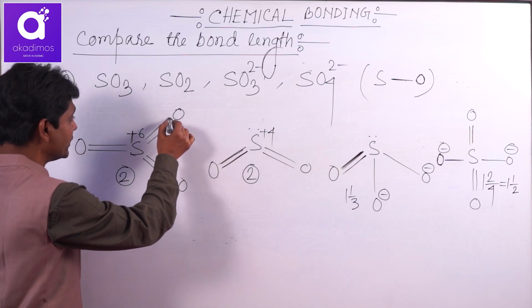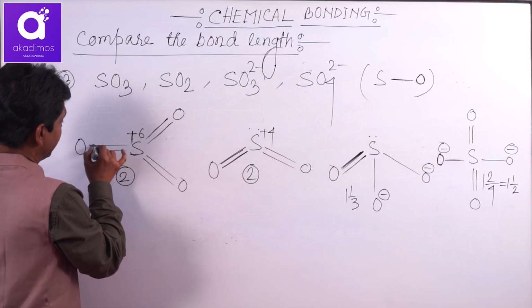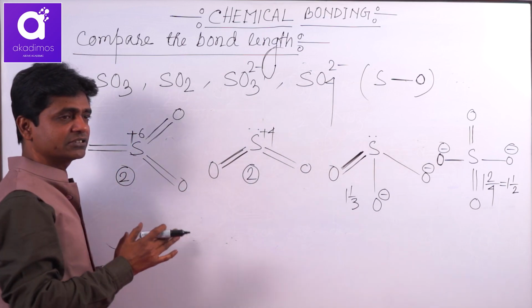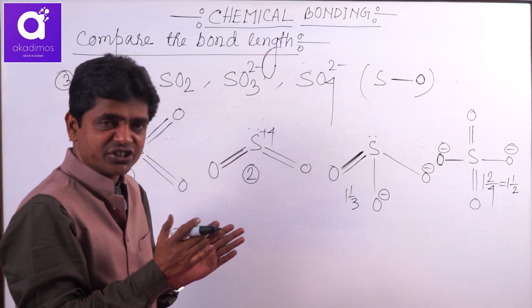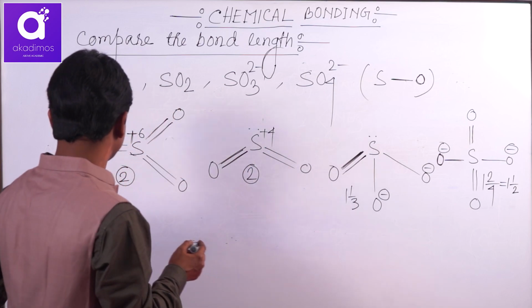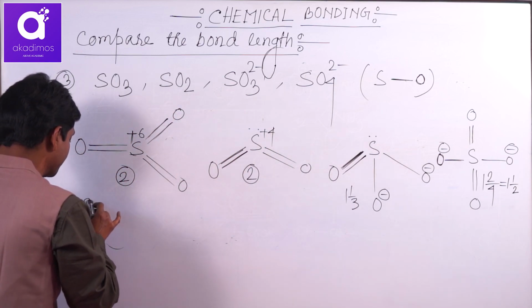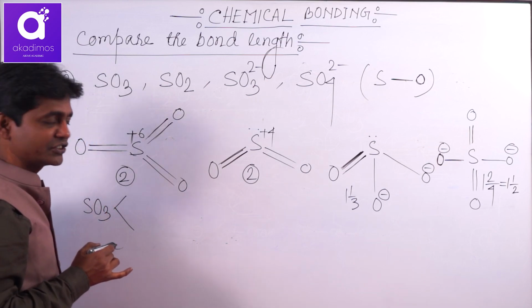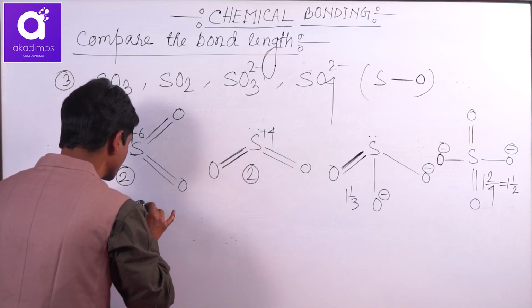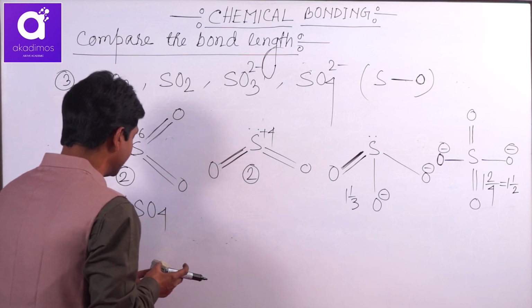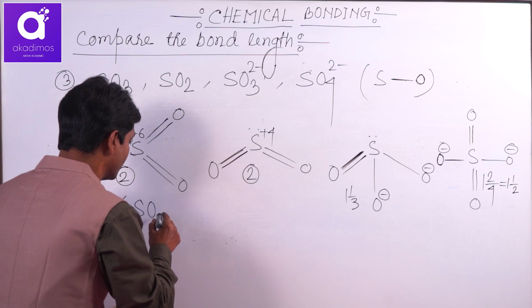That's why, due to more electronegativity, the sulfur oxygen bond length here is slightly shorter than the sulfur oxygen bond length in SO2. Now to compare, minimum is SO3 due to +6 oxidation state, then SO2 with +4 oxidation state, although both have equal bond order.